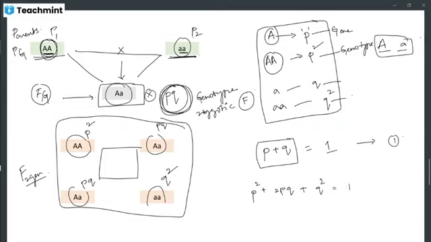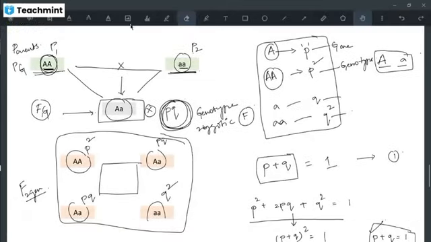This can be derived from the expression when we compress it: P plus Q whole square equals 1. So eventually P plus Q will be equal to 1, right?